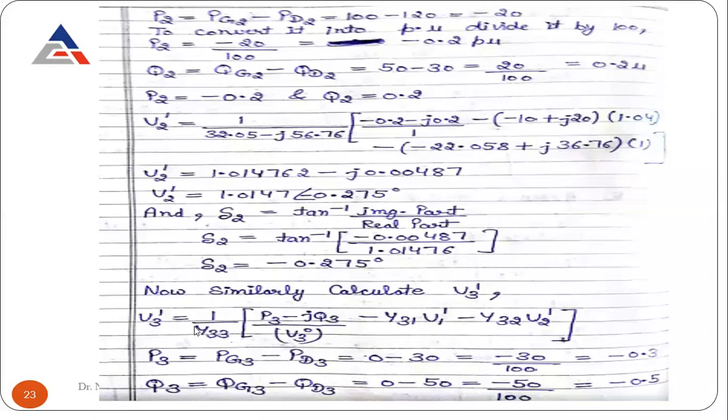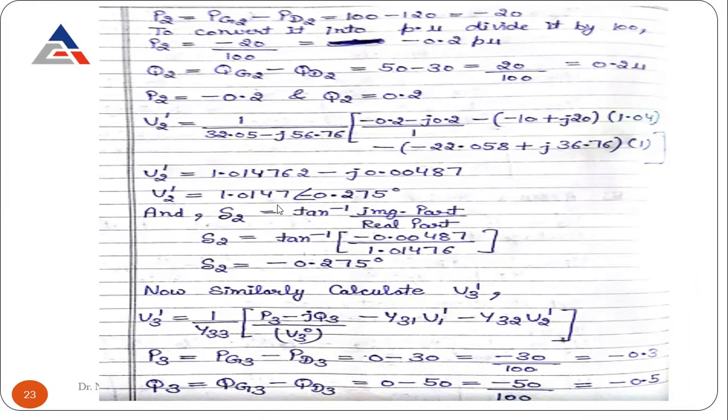Now similarly calculate the V3 voltage. This is the answer for your V2 voltage, and for V3 the equation comes out to be 1 upon Y33 times P3 minus jQ3 over V3(0), the initial value, that is 1, minus Y31 from the Y bus times V1 given in the question, minus Y32 from the Y bus times V2(1), calculated in the previous step.